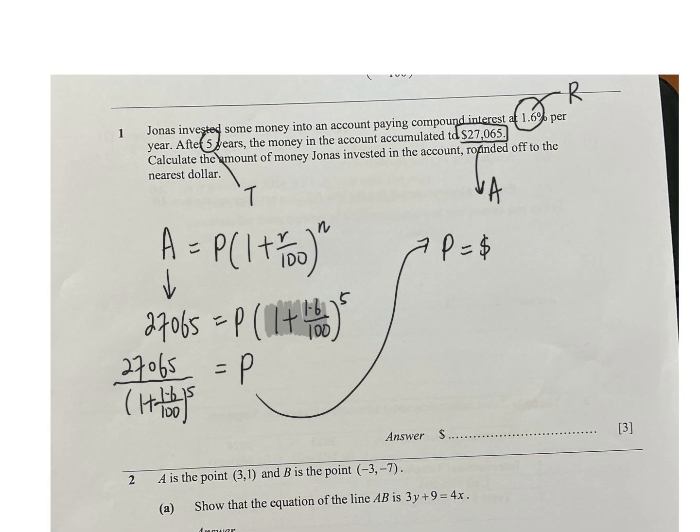Something like 25,000? It's rounded off to the nearest dollar, so I don't need to see decimals. You just need to give me 25000. Squiggly lines, if you want you can, but because you already specify the nearest dollar, you can write equal.